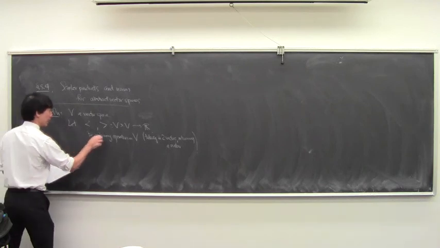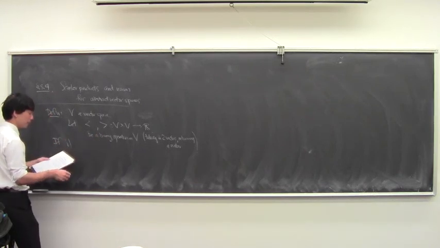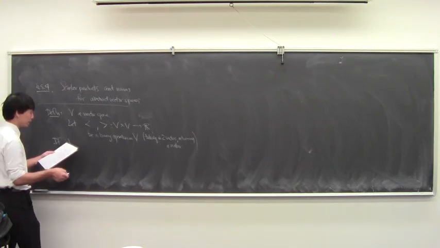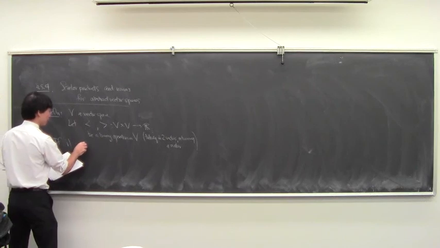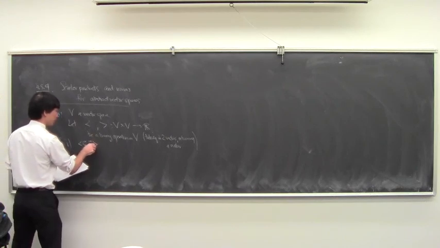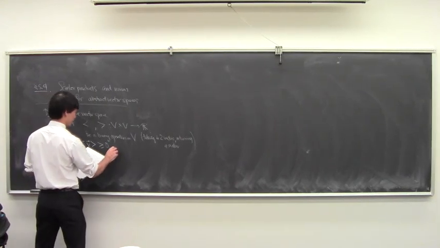So you have this binary operation, and if it satisfies the following three properties, then we call it an inner product. Here are the things that we want to happen. We want V against itself to always be a non-negative number.